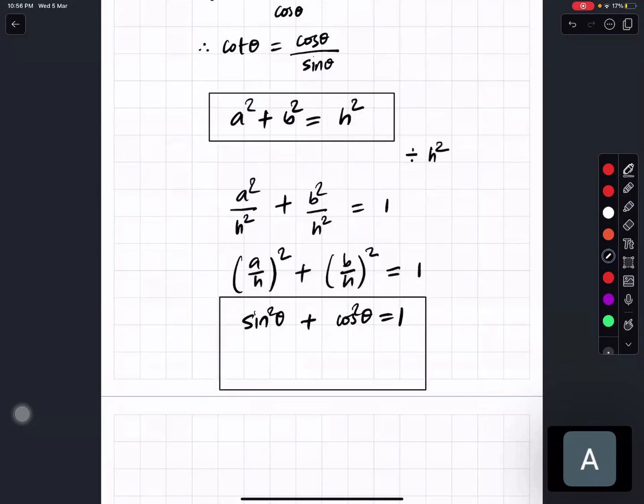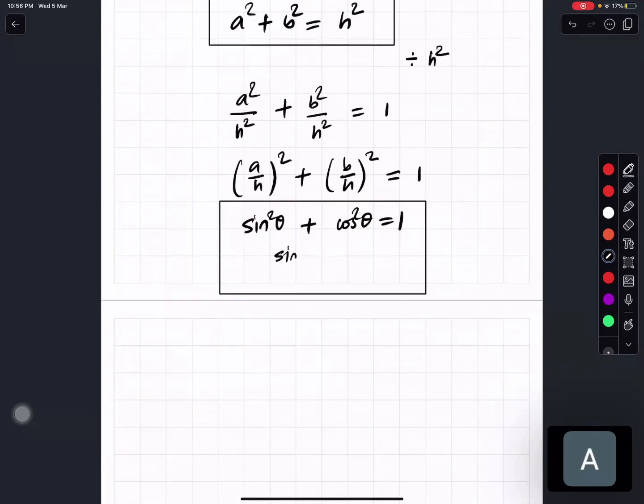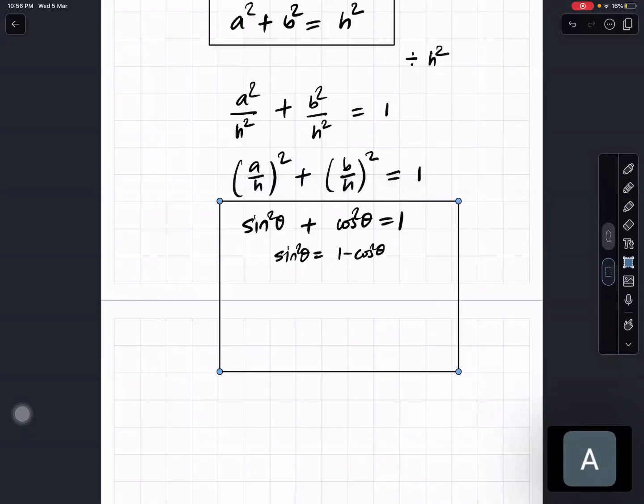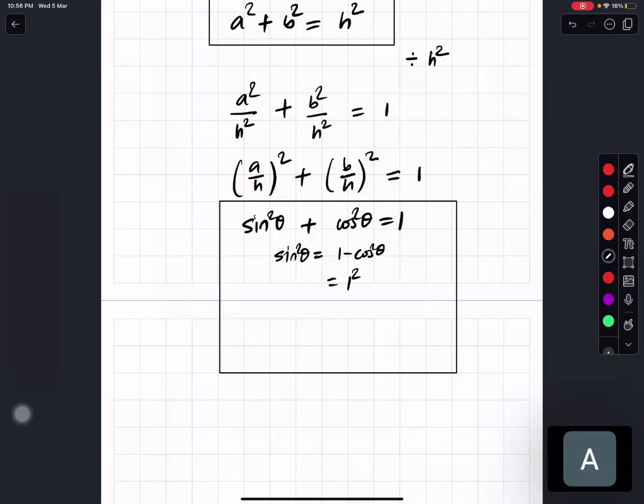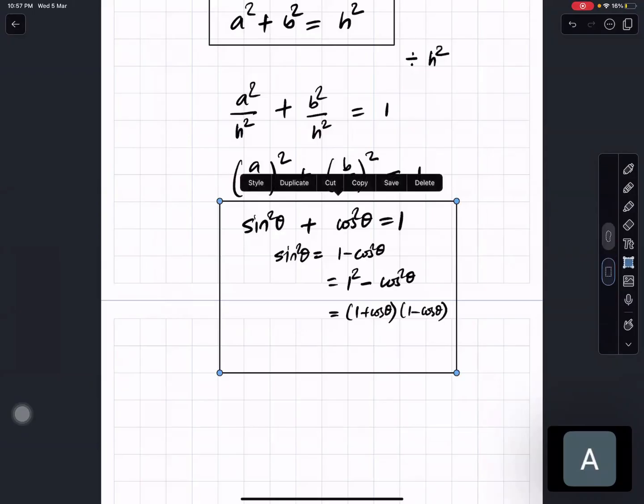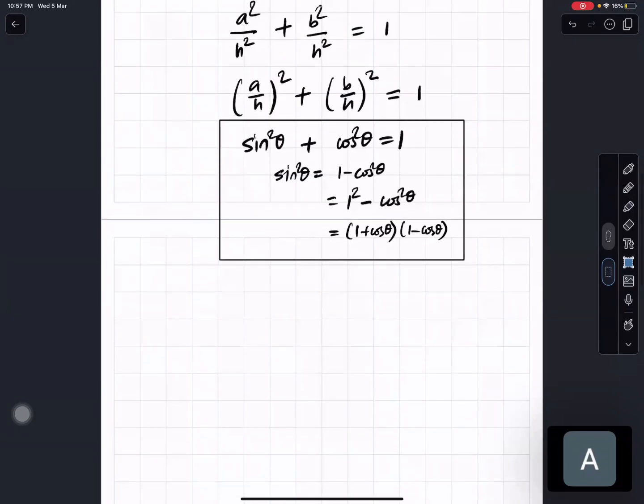And from here, we can also understand that sine squared theta is equal to 1 minus cos squared theta, which is 1 squared minus cos squared theta, and hence I can also write it as 1 plus cos theta into 1 minus cos theta. This is the factorization of sine squared theta, a difference of squares.